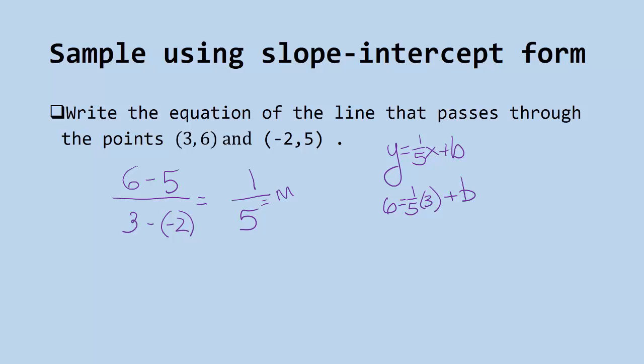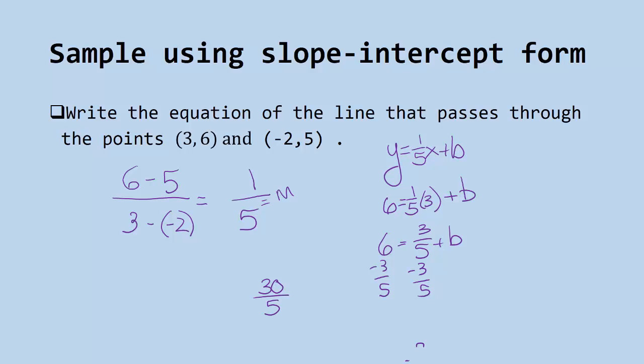So now I'm going to simply do my math here. So we have 6 is equal to 3/5 plus b. So I do have a little fraction work that I need to do because I'm going to be subtracting 3/5 from both sides. So it doesn't hurt to review a little bit of fraction work. If I want to change 6 into an improper fraction with a denominator of 5, I'm going to say, okay, 5 times 6 is 30.